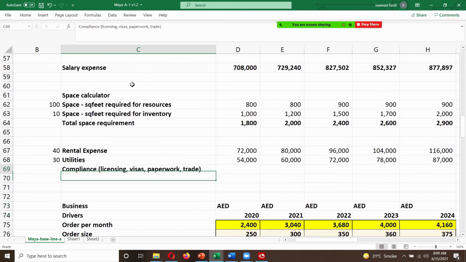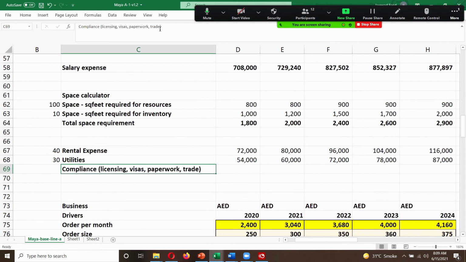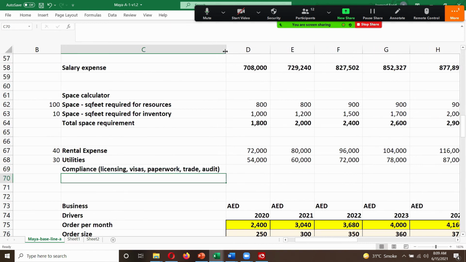For example, audit. You need an external party to do an audit of your books, and that's a requirement for paperwork, right? So you have to complete that. So you need to pay a certain amount for that, and then you have an annual licensing renewal fee, and my number for that is about $10,000, maybe $12,000, which is about 40,000 dirhams. And that's just the licensing paperwork piece, right?